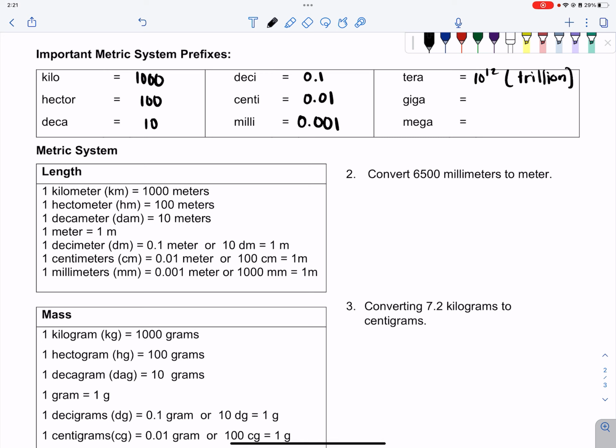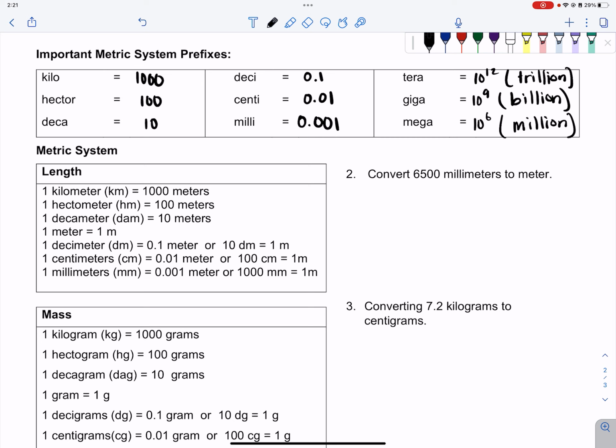And then we have giga, which is 10 to the 9th power, which is the same thing as billion. And then lastly, we have mega, which is 10 to the 6th power, which is what million is. And these ones, you might recognize from computer storage systems, which tend to use these prefixes.